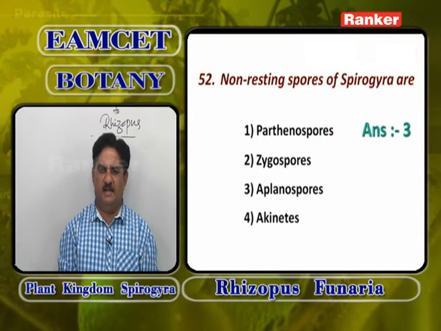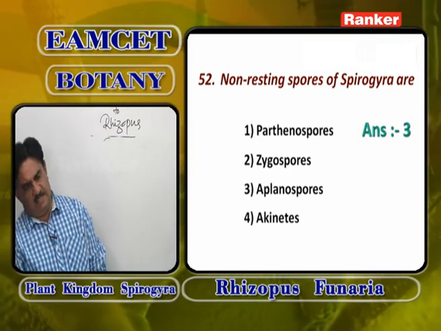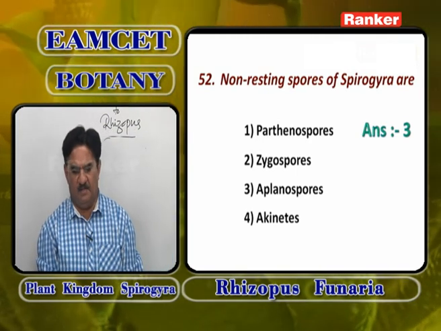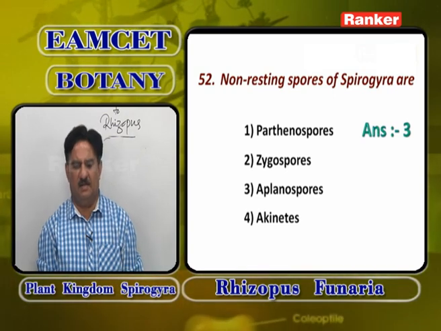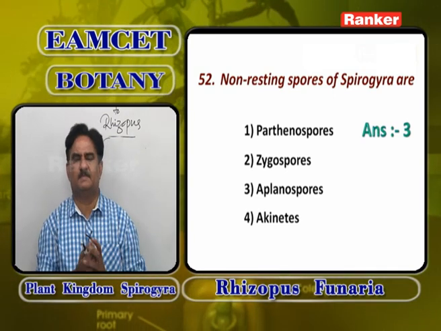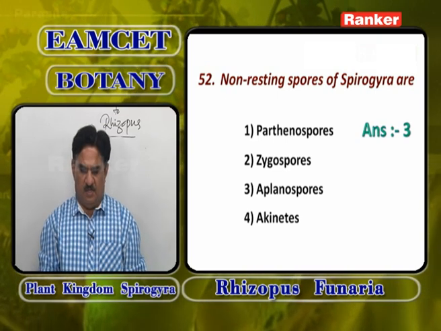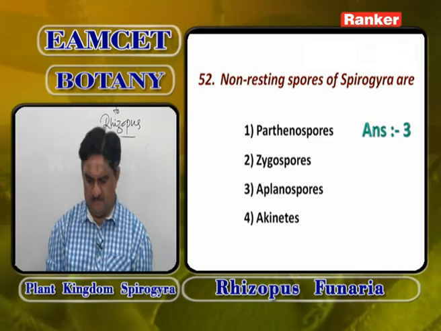Zygospore also has 3 layered thick wall around it, definitely resting spore. Akinetes are also thick walled spores helping in rest, performs rest period. Aplanospores are not surrounded by that thick wall, they get separated from the cell and develop into new Spirogyra filaments. So, non-resting spores of Spirogyra are aplanospores, third option.